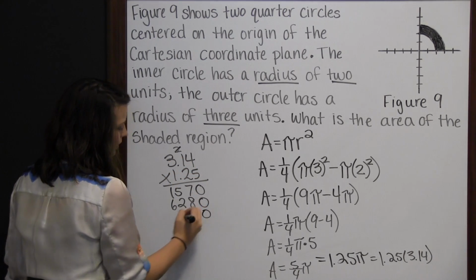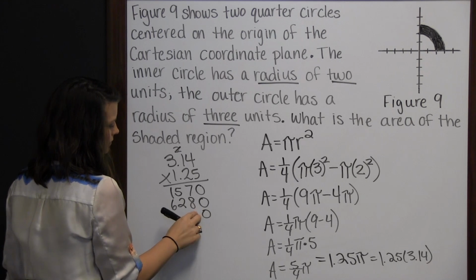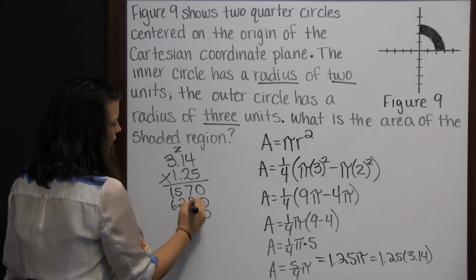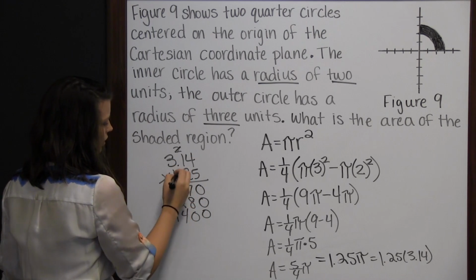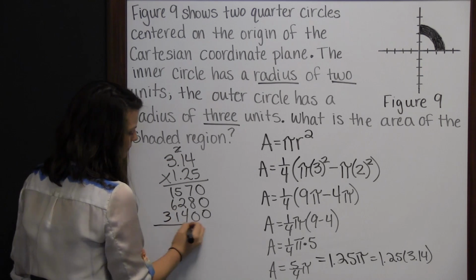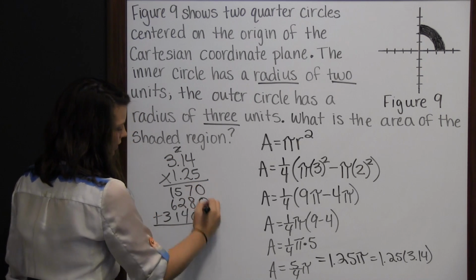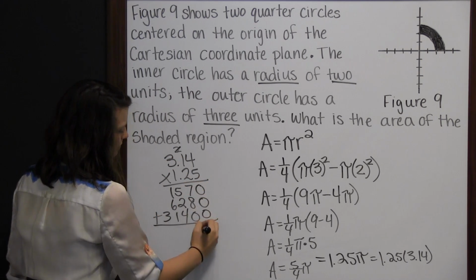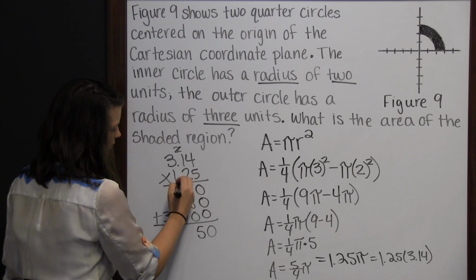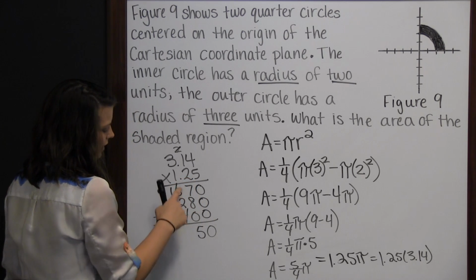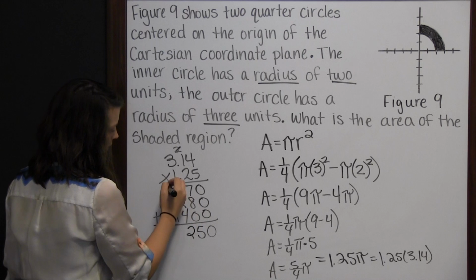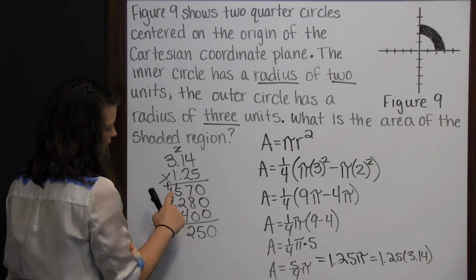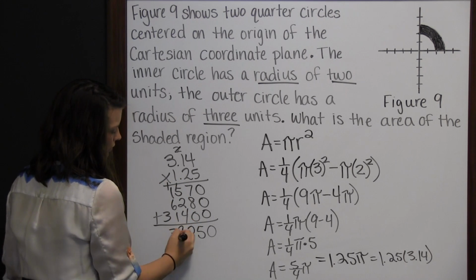Put 2 0 placeholders. 1 times 4 is 4. 1 times 1 is 1. 1 times 3 is 3. Add that together. That's 0. 7 plus 8 is 15. Carry the 1. 5, 9, 10, 12. Carry the 1. 6, 7, 8, 9, 3.